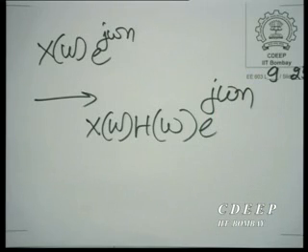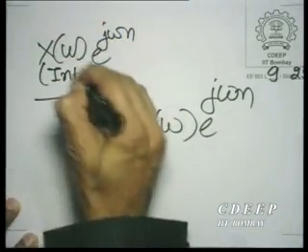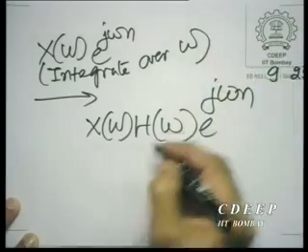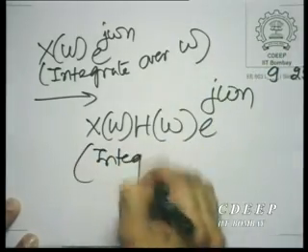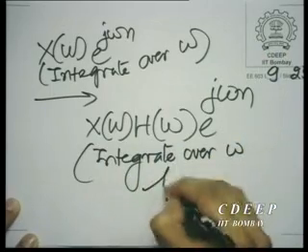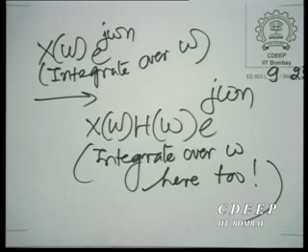Is that right? And therefore, if you integrate over omega here, you can also integrate over omega here. And how can we say that? That's because of the property of linearity. If for each omega I can do this, I can do it for the combination of the omegas.